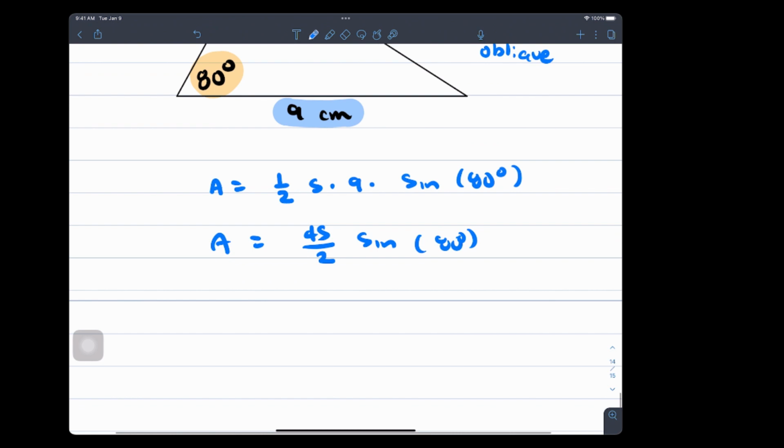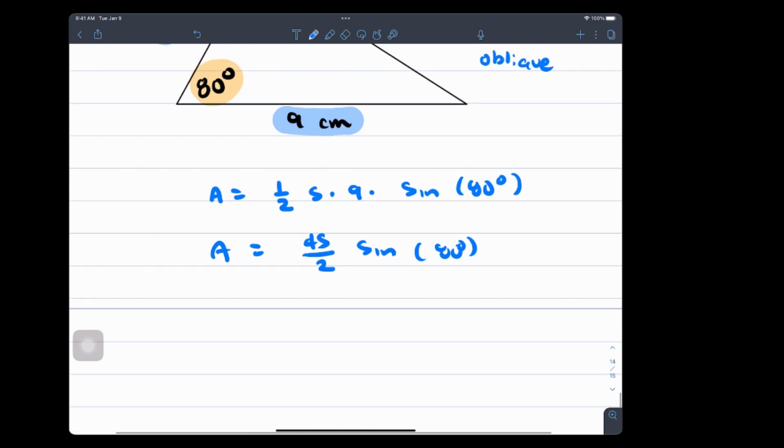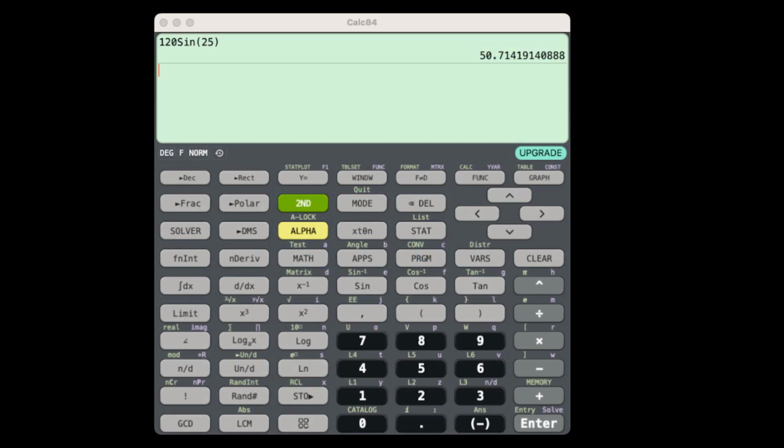Now, you're going to enter this in your calculator. And you say, well, how do I do that? Well, you can do it this way. 45 sine of what? 80 divided by 2.